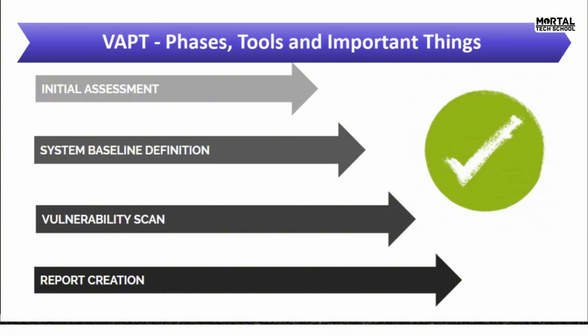So, as you can see on the screen, the 4 phases of vulnerability assessment are initial assessment, system baseline definition, vulnerability scan, and report creation. So let us explore each one of these steps in detail. Initial assessment: identify the assets and define the risk and critical value for each device, such as a security assessment vulnerability scanner.